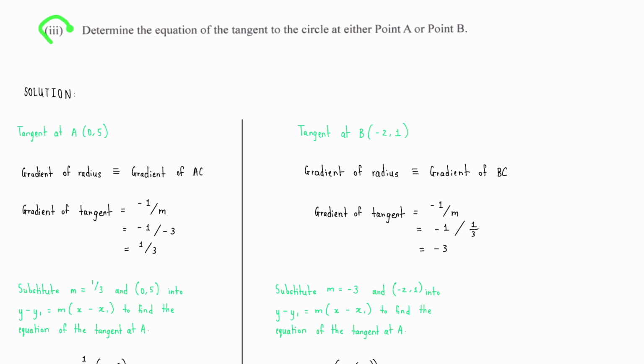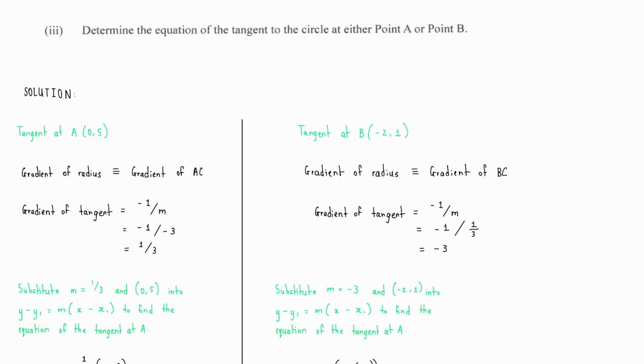So the next part, part 3, says to determine the equation of the tangent to the circle at either point A or point B. So we're going to look at both. Tangent at A, which is (0, 5): we have to remember that the gradient of the radius is equal to the gradient of AC. So the gradient of the tangent is equal to minus 1 over m. Very easy to calculate.